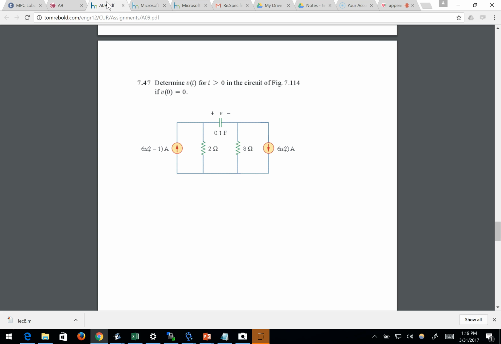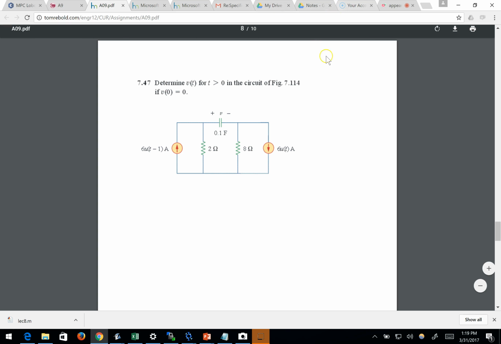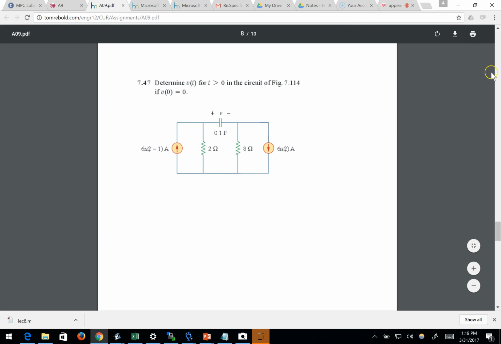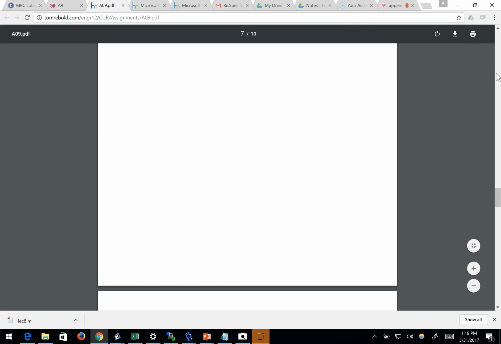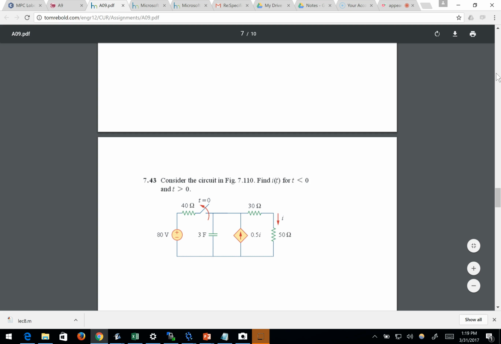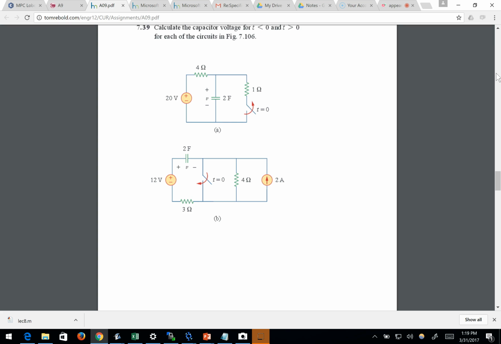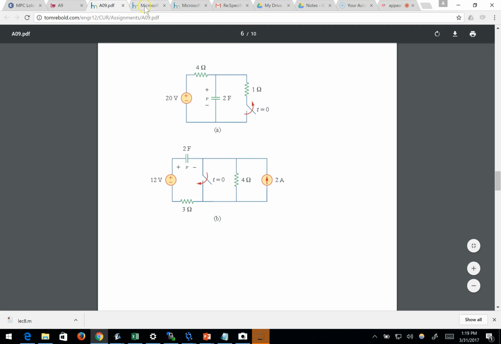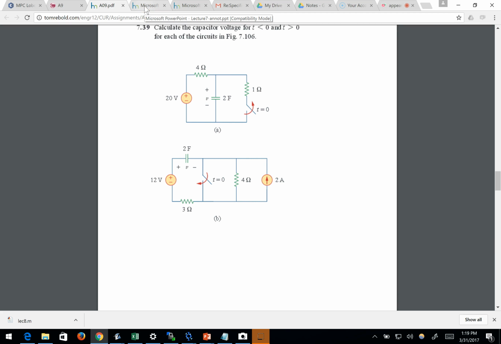Oh, it's 39. There's 2 parts to 39. It's 39B, yeah. So we have 3 problems with 1 or 2 parts. Okay, answers for all those, right? Yeah, cool.